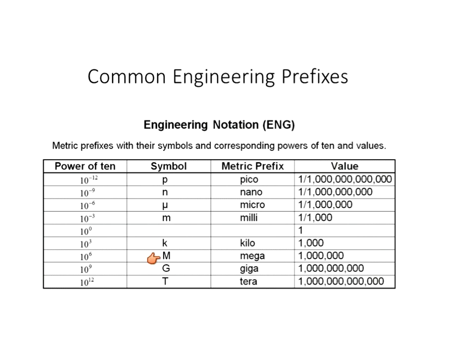Well, the larger ones are kilo, mega, and giga. You won't see too much about tera every once in a while. So focus on kilo, 10 to the power of 3, mega, 10 to the power of 6, and giga, 10 to the power of 9. Focus on those ones.